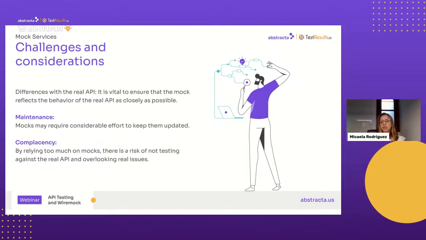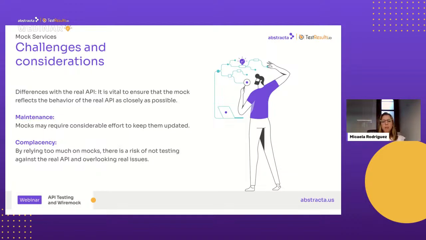Also, something to take into account is that maintaining mocks can be hard work, because there's a lot of effort required to keep them updated, since, as I mentioned earlier, we need them to be as similar as possible to the real service. And another thing we might want to look at is that relying too much on mocks presents a risk because we could bypass testing against the real API and overlook real issues, right?